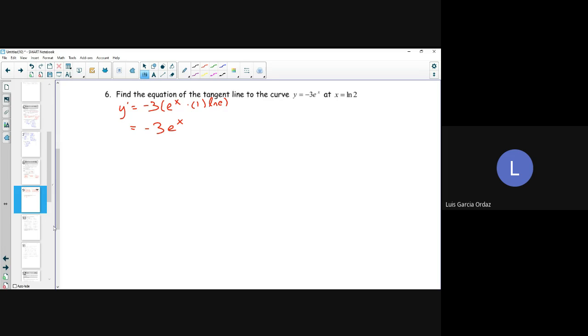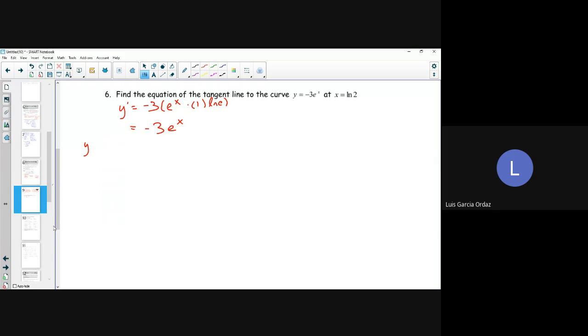So all I did was keep my negative 3 outside the bracket and just did my derivative for e to the x, which is just e to the x, which is why my derivative is able to be written as y prime is equal to negative 3 times e to the x.